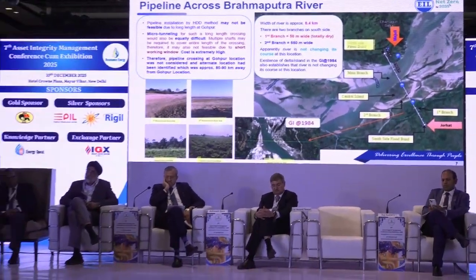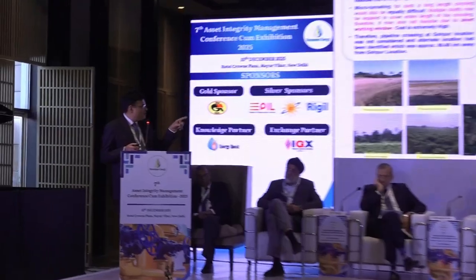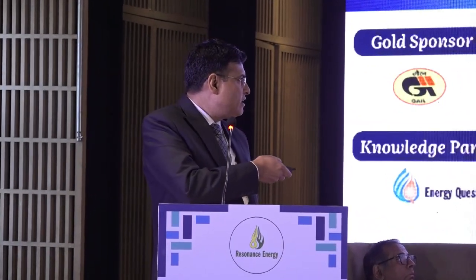In Google imagery, we found that this location and its river banks are stable. In the 1984 Google imagery, these banks are stable and the river course is also not changing much. Accordingly, we decided to cross the pipeline at this location.